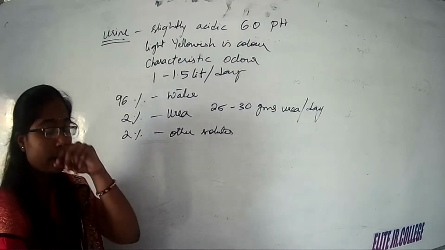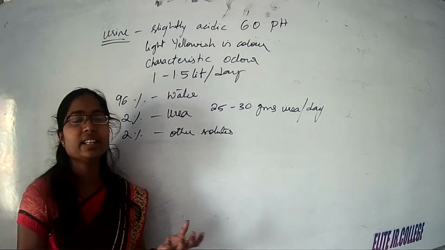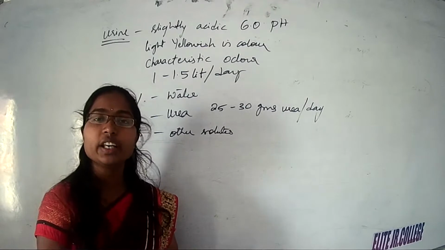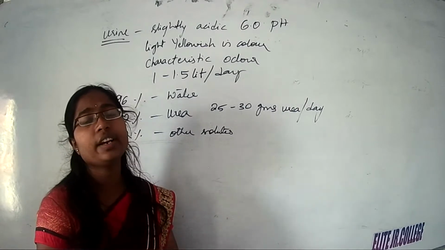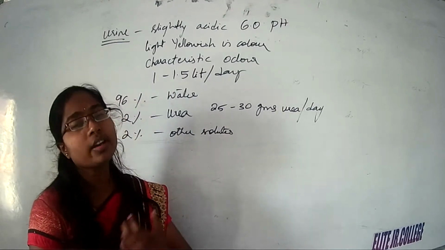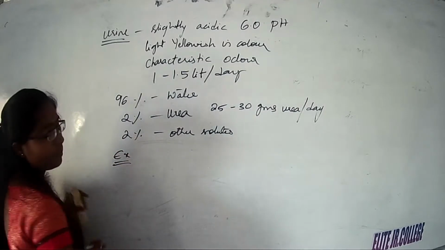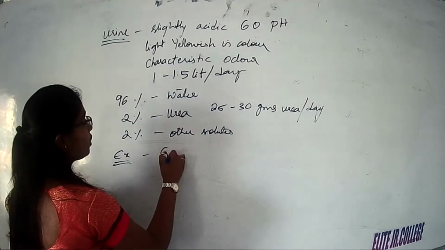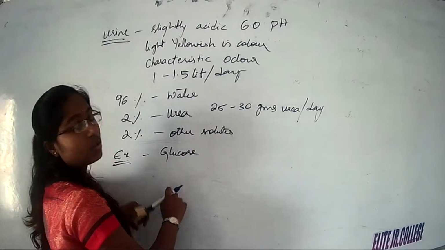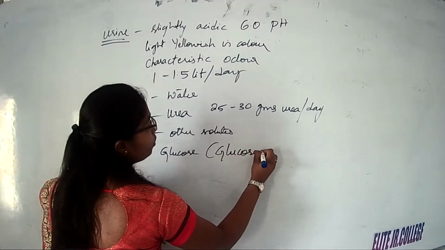Okay, by just observing the composition of the urine, many disorders related to the kidneys and many other disorders related to the body of the individual can be identified. For example, let us take an example and see. If there is glucose in the urine, the condition is called glucosuria.